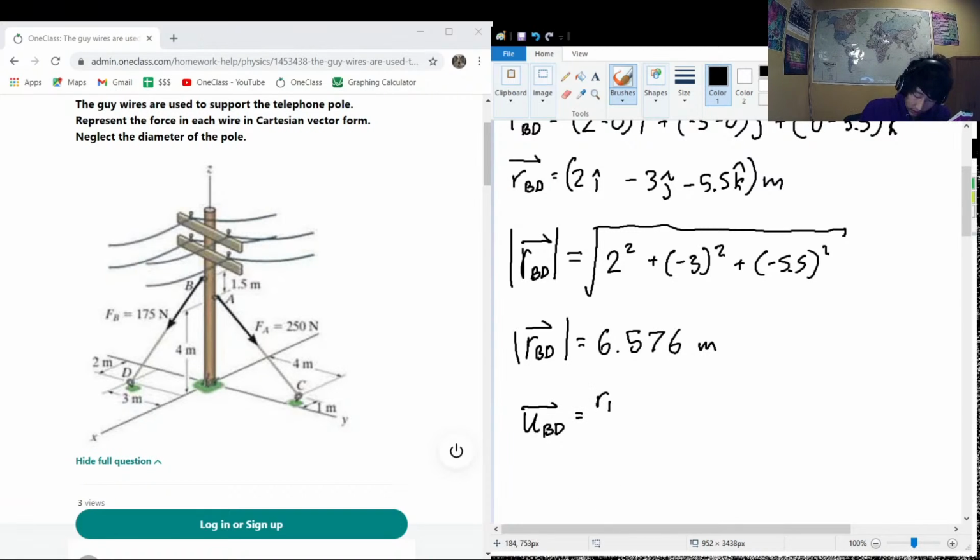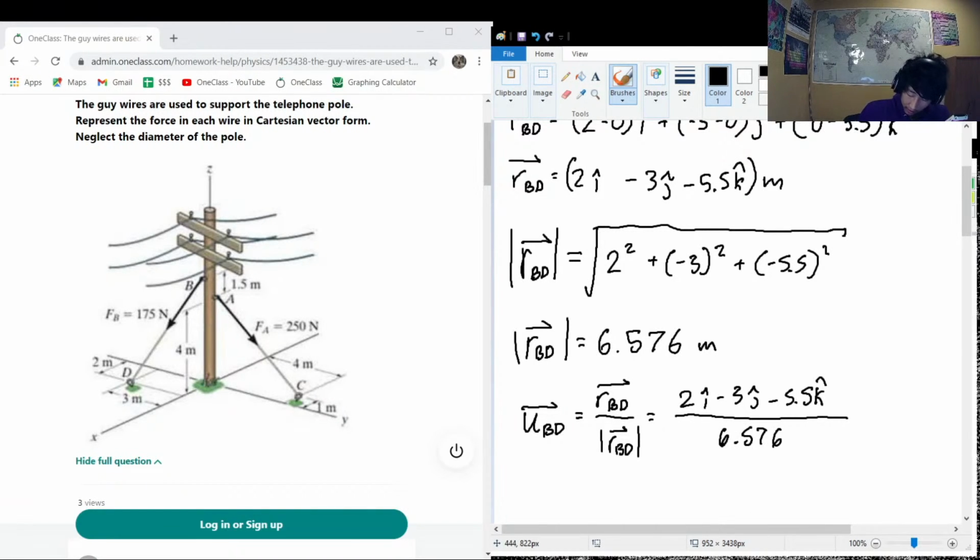Okay, now we got to find the unit vector for BD. It's just going to be the RBD vector divided by the magnitude of RBD, which is going to be 2I minus 3J minus 5.5K over 6.576.